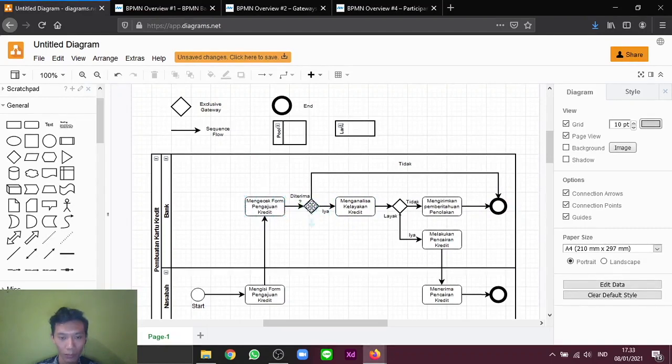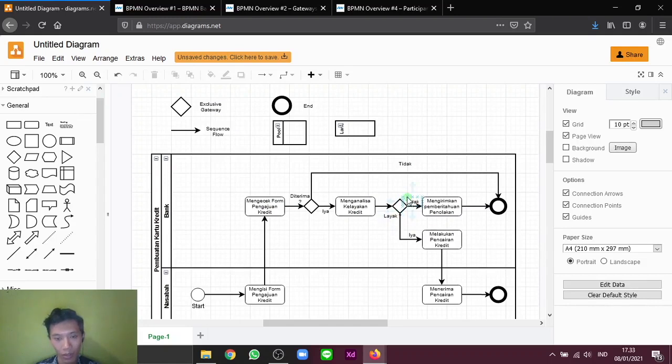If the form is approved, the next process is to analyze the credit card. And next there is an exclusive gateway. The exclusive gateway has two choices again, no or yes.